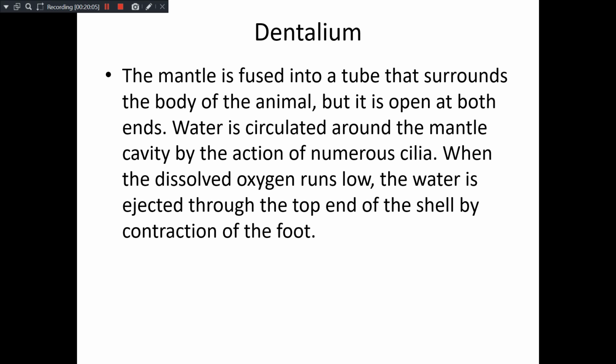The mantle cavity is totally inside the tube or the shell, and it is fused into the tube that surrounds the body of the animal. The tube is, as I have already told you, open at both the ends. The water is circulated around the mantle cavity by the beating of numerous cilia.